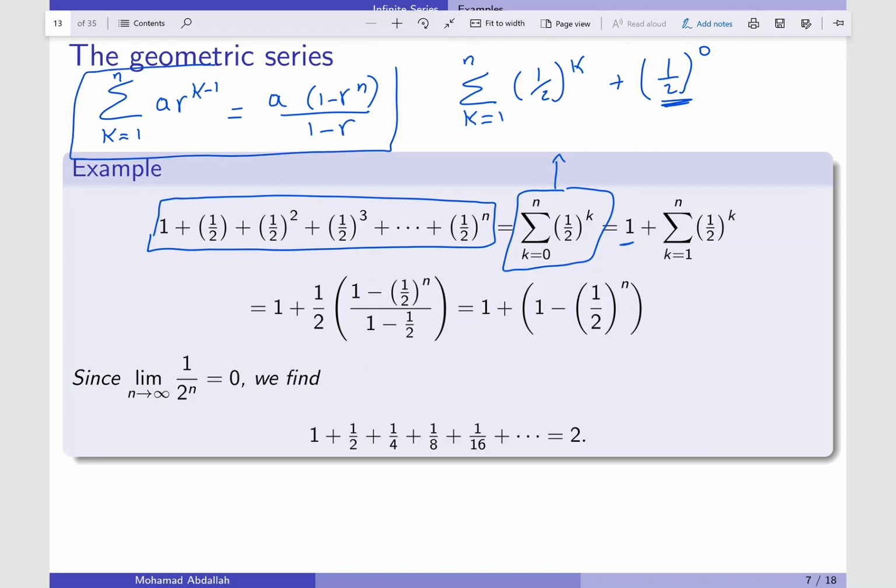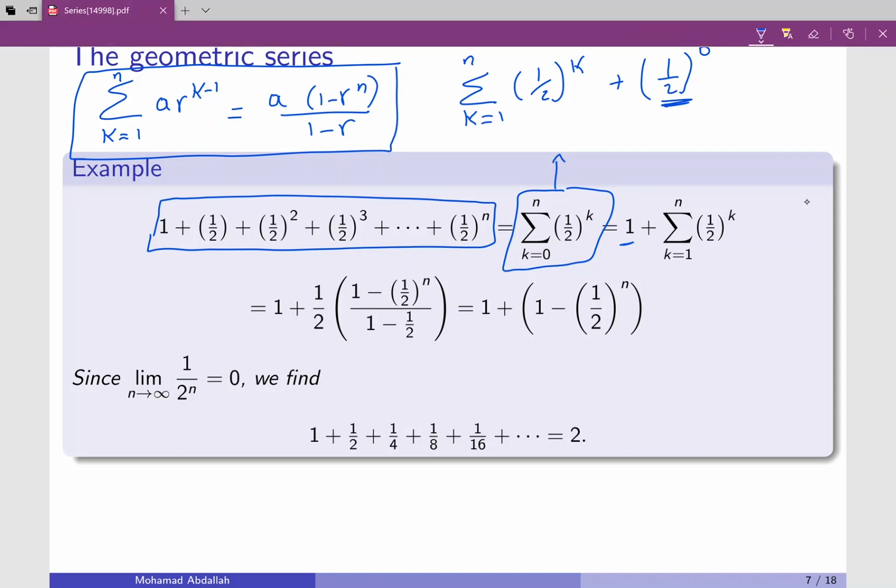So I want to have this form so I can apply the formula. Till now, I don't have this form. But I can do something here. I can make it look like this. The only thing I'm missing is I need this to be to the power k minus 1. So this can be written as the summation from k equals 1 to n of 1/2 times another 1/2 to the power k minus 1. Now this is going to work.